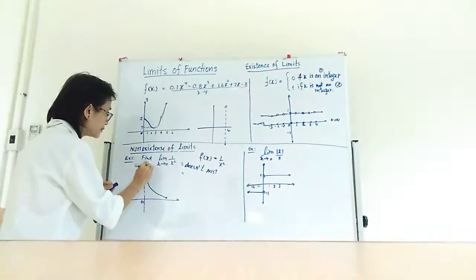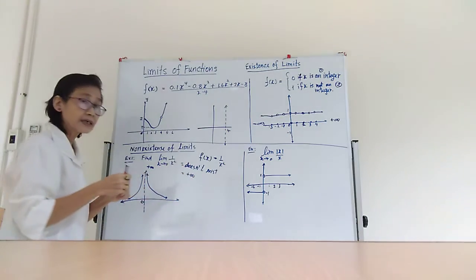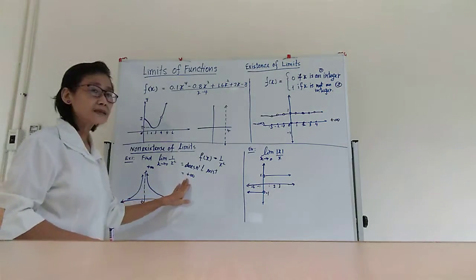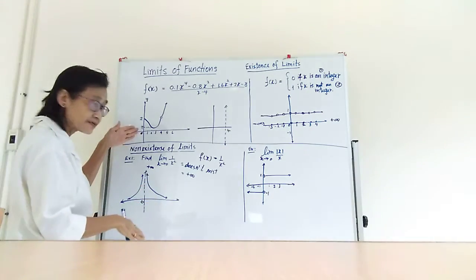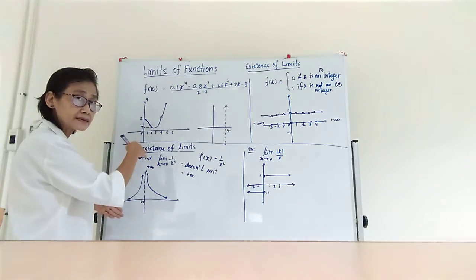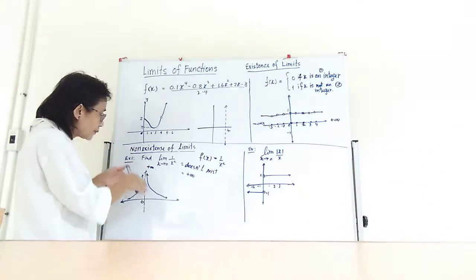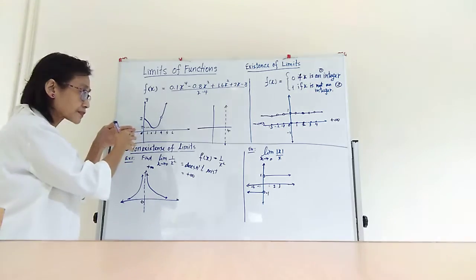This is supposed to be infinity, so you can answer infinity also. It can be either way, right? Because if you answer positive infinity, you can see the picture, from the left hand limit and from the right hand limit, we approach closer to positive infinity.